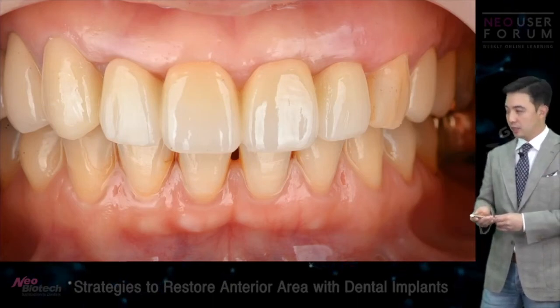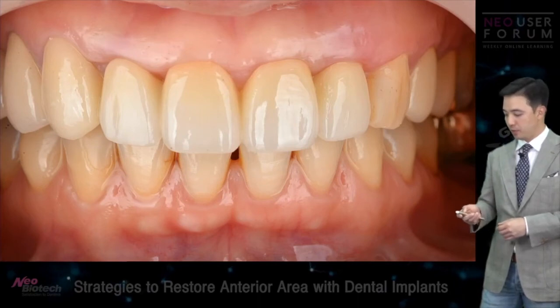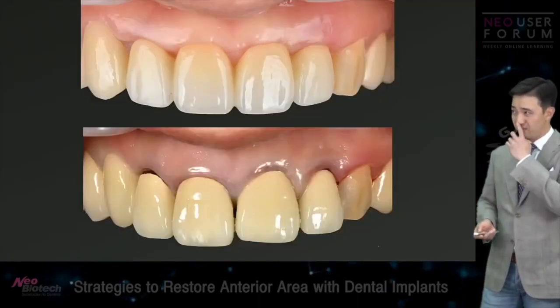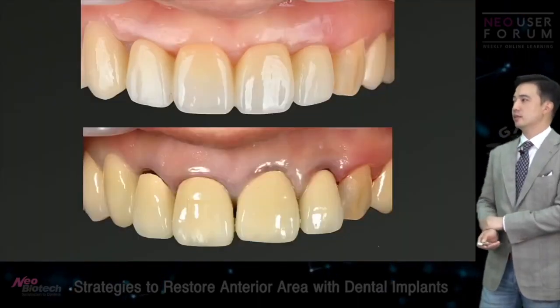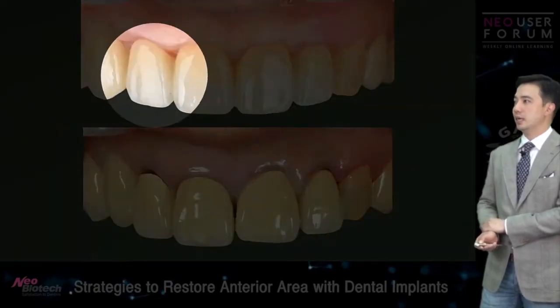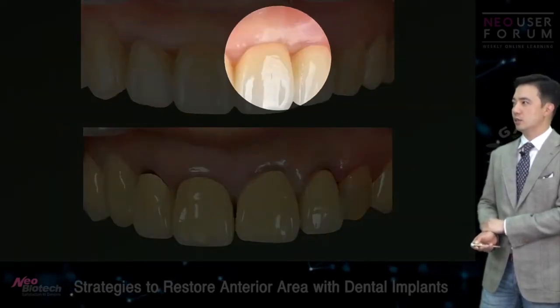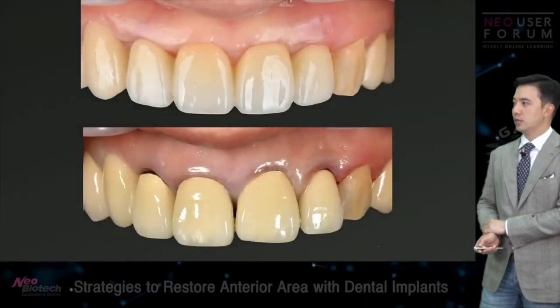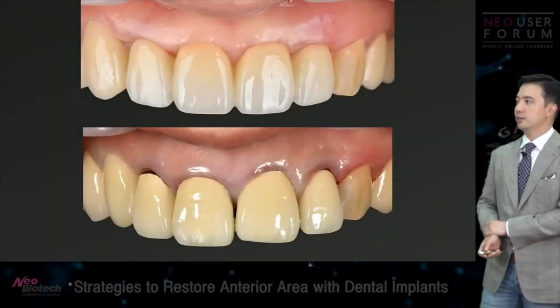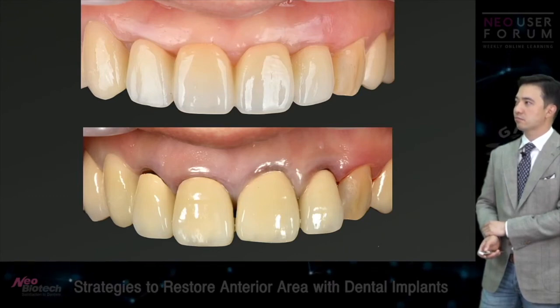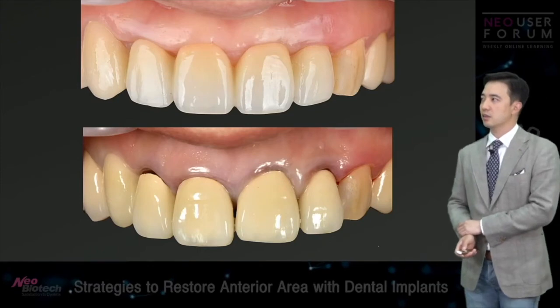And the patient was happy because she never really went through big pain. As for the papilla, I did lose a little bit compared to what I had, but I would say this is good enough.